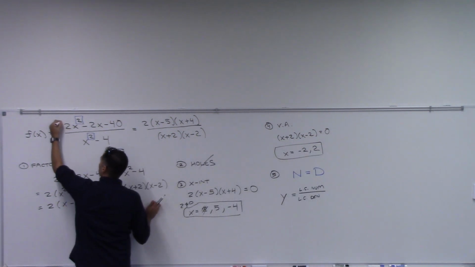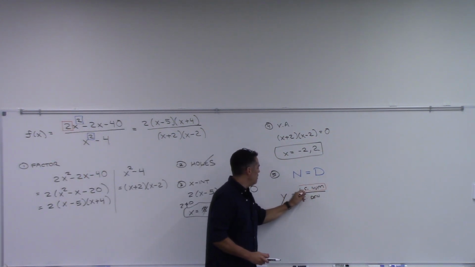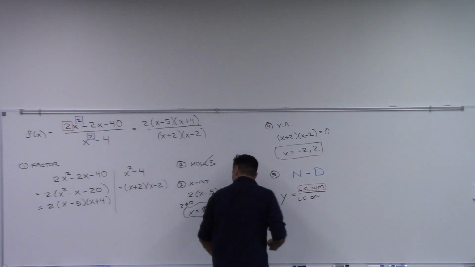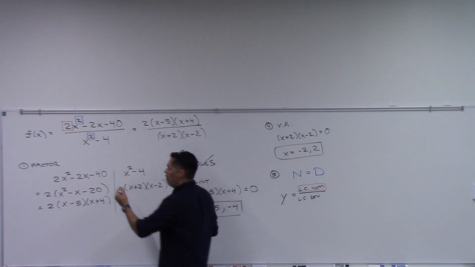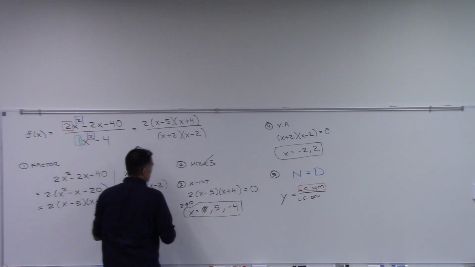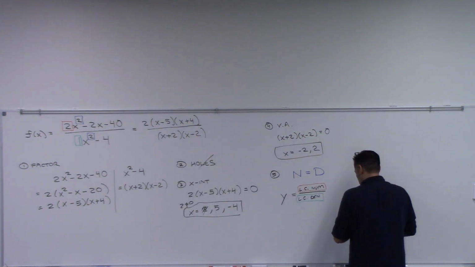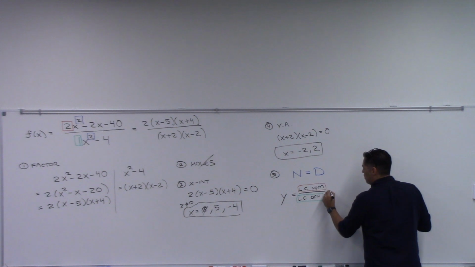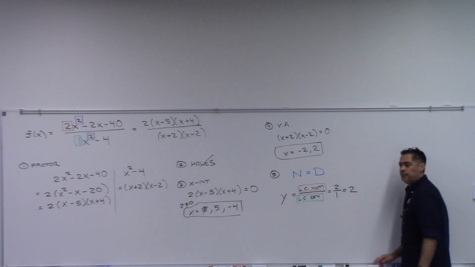So I'm going to take this number right here, 2, the leading coefficient of the numerator, and divide it by the leading coefficient of the denominator, which is the one sitting in front of this x squared. That's 1. So my horizontal asymptote is 2 over 1, which is 2.